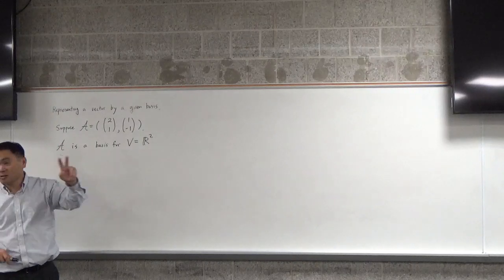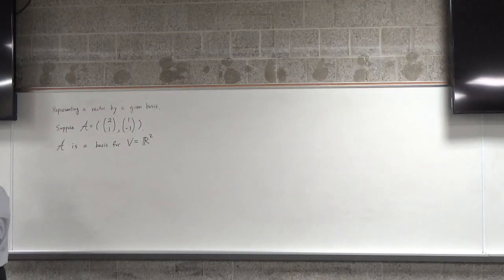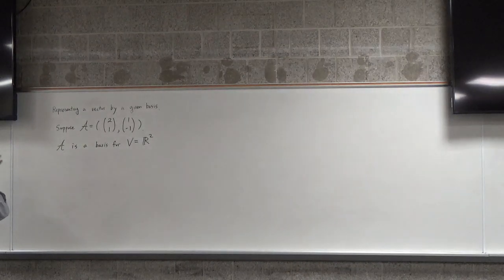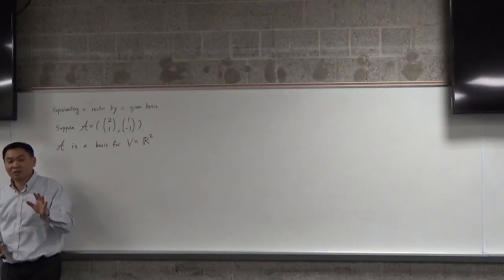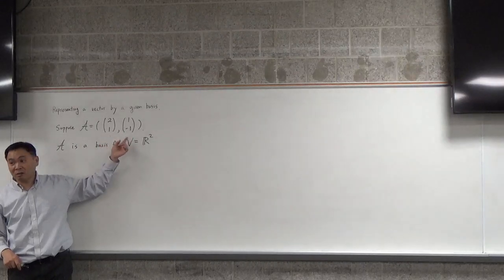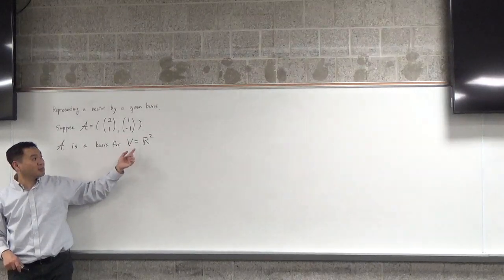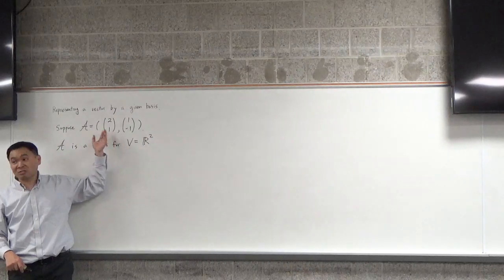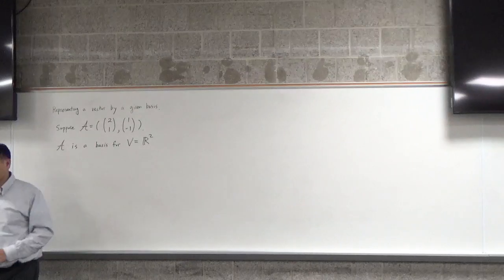Dimension 2, right? So if you have a list of length 2 that's linearly independent, that should span everything in the vector space. Does it make sense? Yeah. This is a basic intuition of vector spaces that you must have. If you're given a linearly independent list of the right length, then it has to be the basis. Okay? So we know that that's a basis.